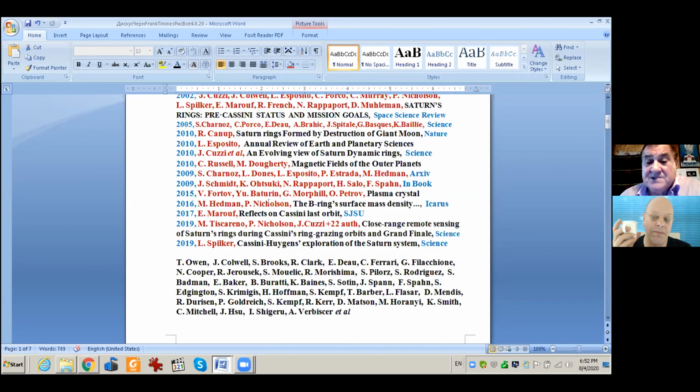We have more questions, but in our paper we try to answer some of them and try to find the contribution of the particles' diamagnetism to the origin of the rings. We follow the classical Safronov theory of the small nebula.